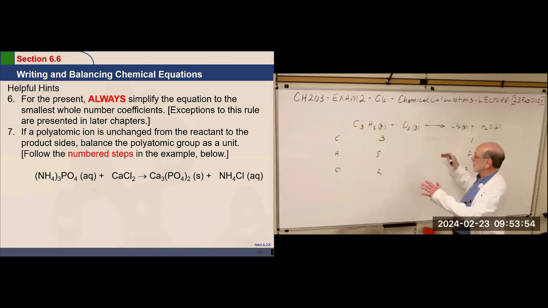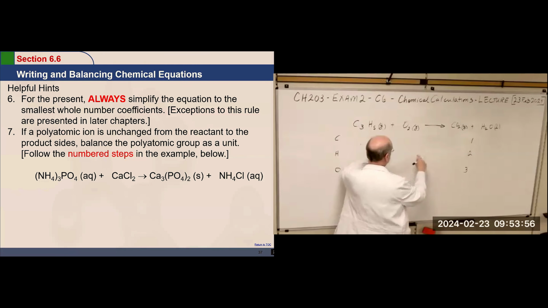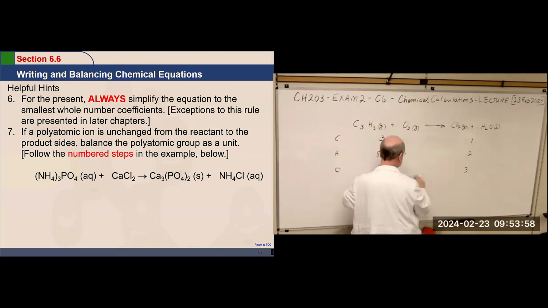But you can tell instantly that it's not balanced. You got 3 to 1, 8 to 2, and 2 to 3. Those numbers should be the same on both sides if it's going to be balanced. First trick: if you've got an element on its own on either side of the equation, save it for last, because when you put a coefficient in front of that, it only changes that element.